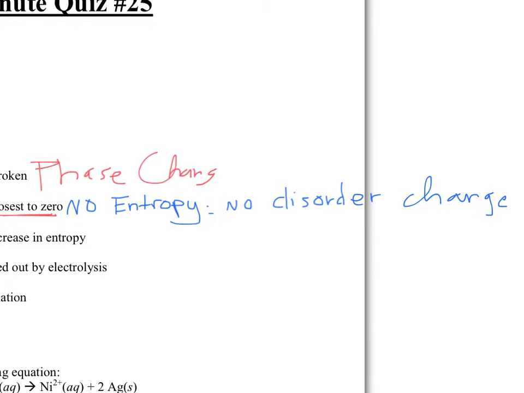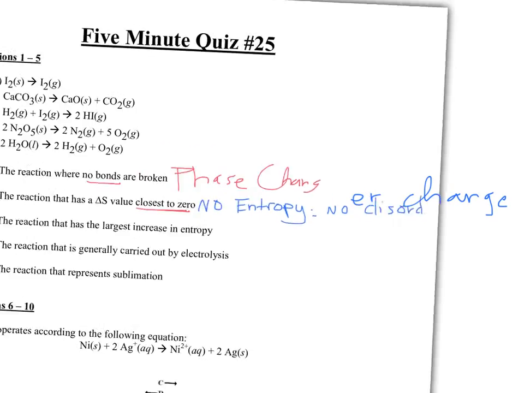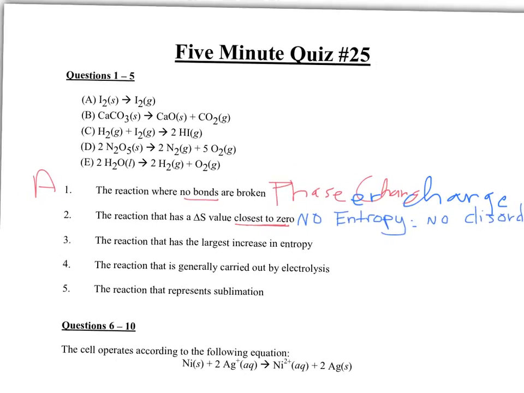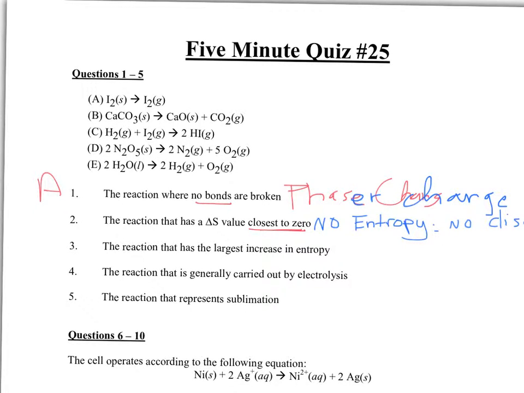So that's what's going on there. So we know that A is a solid to a gas. B is a solid to a gas. C is 2 moles of a gas to 2 moles of a gas. Well, there's very little. We're changing compounds, but in terms of entropy, there's going to be very, very, very little. So that is going to be C.